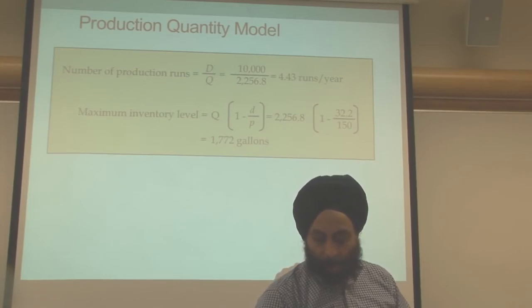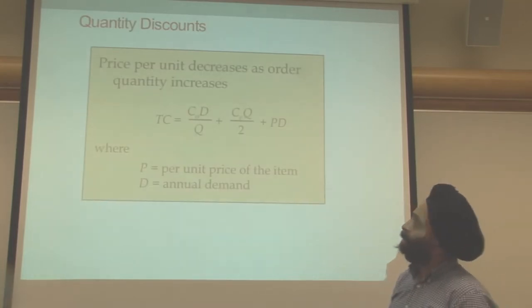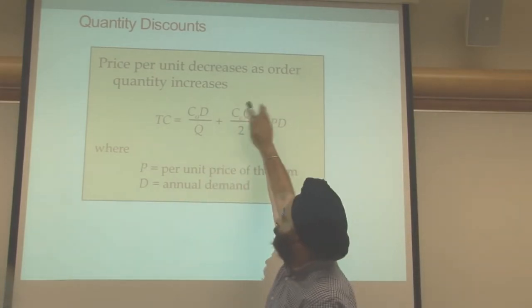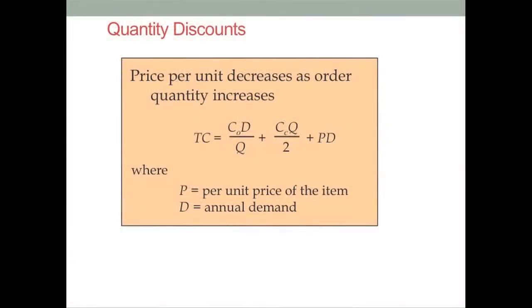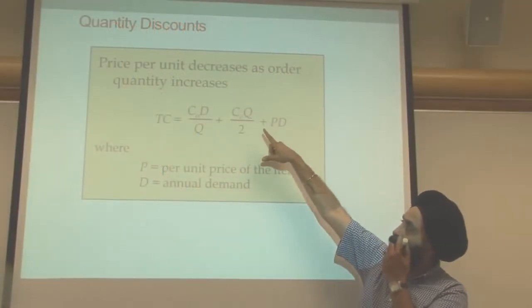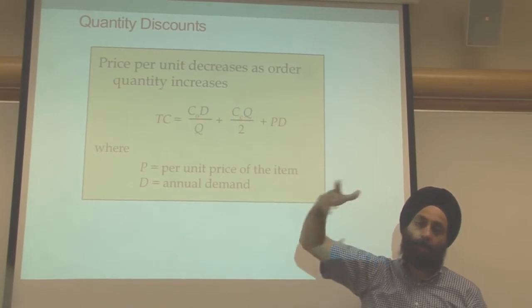Now, the third variation is quantity discounts, where the price per unit decreases as the order quantity increases. So now you have the original total cost model, which is the ordering cost plus the carrying cost, but now we add the price of the product, because quantity discount means the price per unit that you pay changes based on how much you're ordering.